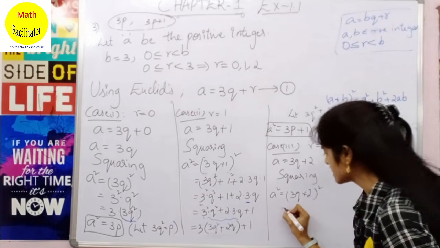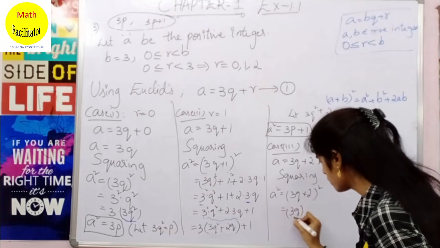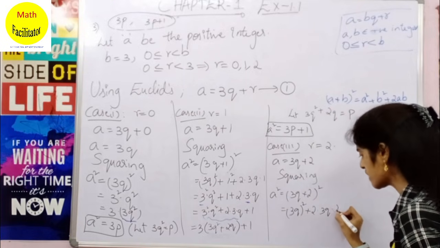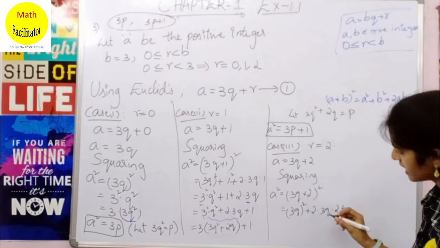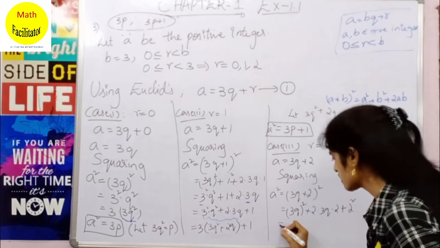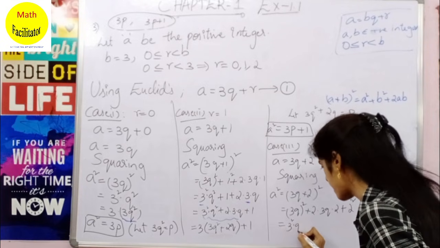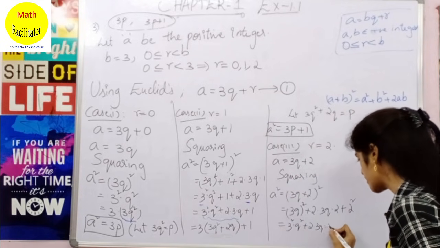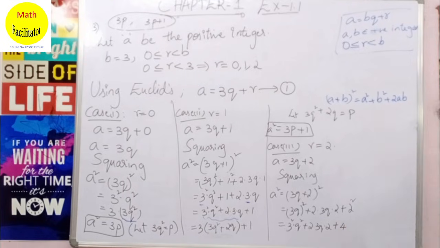Okay, now this is nothing but 3q whole square plus 2 into 3q into b, where b is 2 here in this case, plus b square is 2 square. So this is nothing but, let us separate the powers, 3 square q square plus 2 into 3q into 2 plus this is 4.